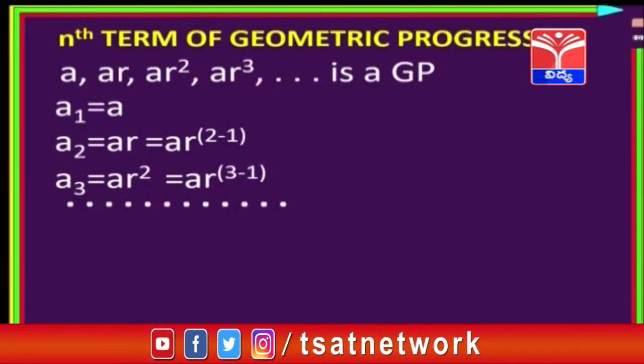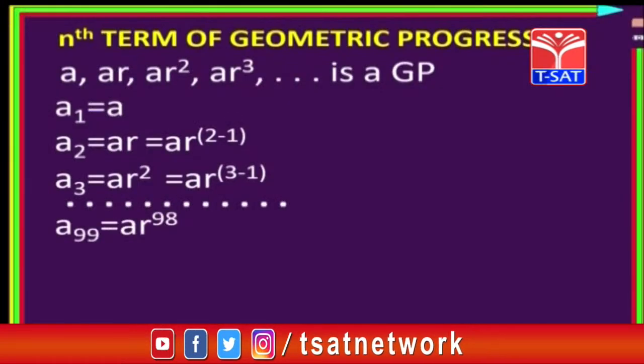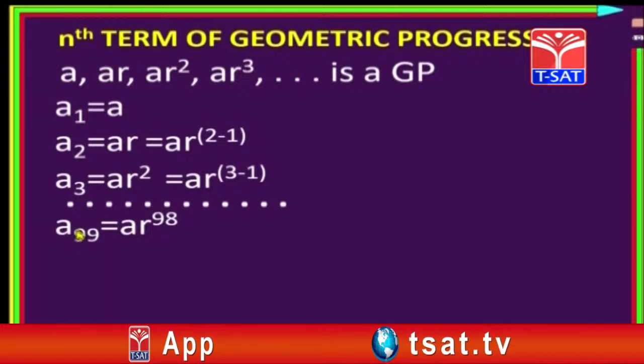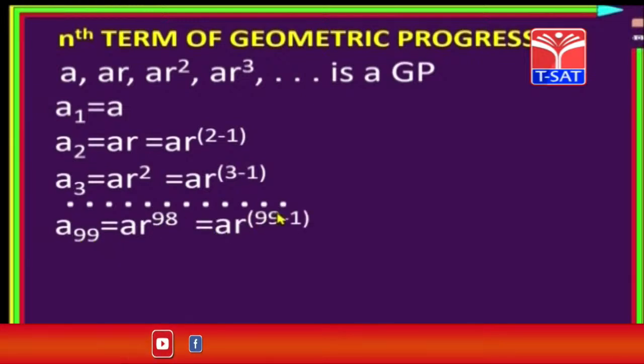A4 is nothing but AR cube. A5 is nothing but AR power 4, right? So now question to you, what is A99? Yes, A99 is nothing but AR power 98. Only we have to reduce one number, 99th term means AR power 98. So A into R power 99 minus 1.